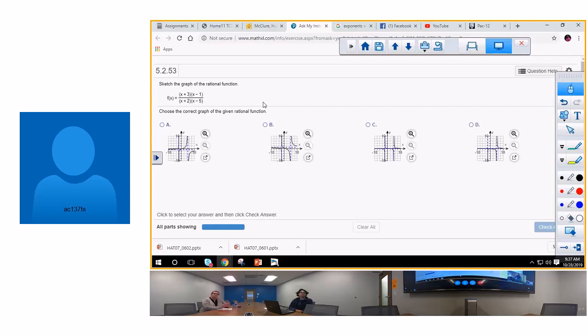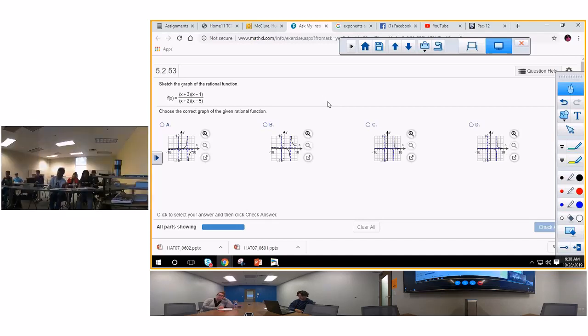Now, first thing I would do probably is, you don't have to, but I would go ahead and use the FOIL method. Or you could put it in your graphing calculator. You can find the vertical asymptotes by setting the denominator equal to what? 0, but that's all they're asking.